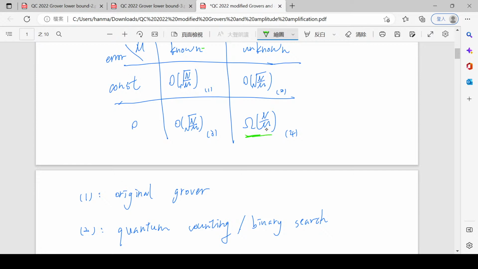You need omega of n over m queries. I guess it's not quite right because you want zero error, but anyway, there is this bound, although it might still have a speedup over classical algorithms.